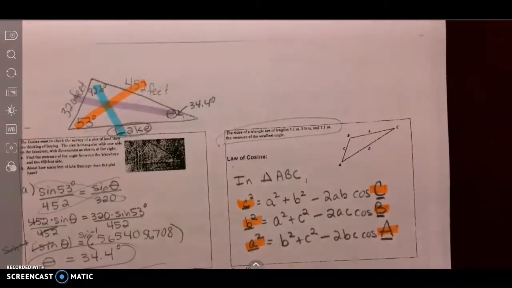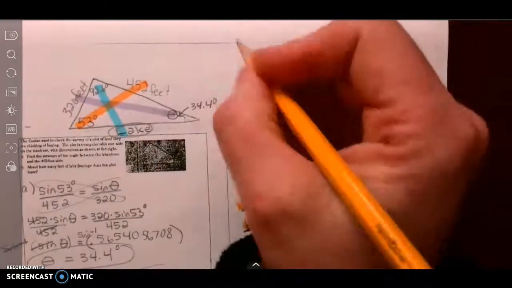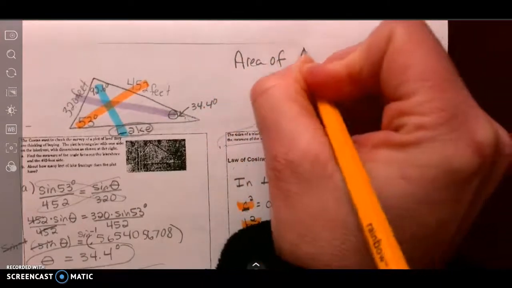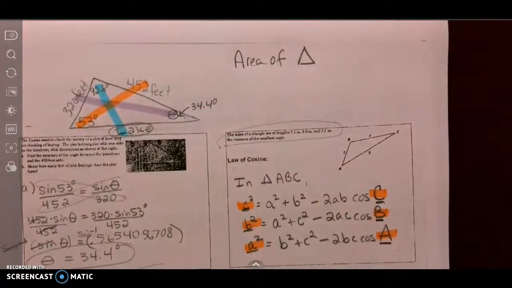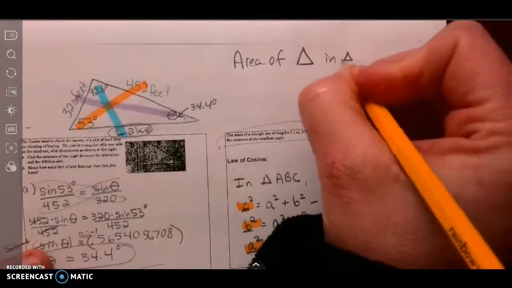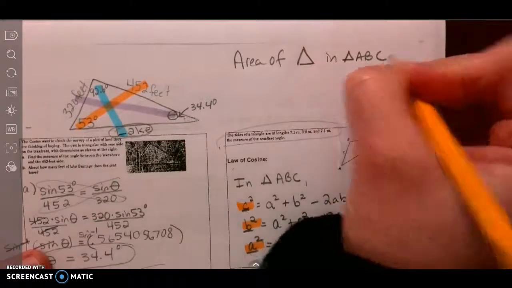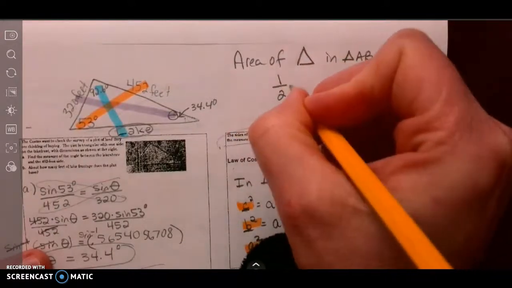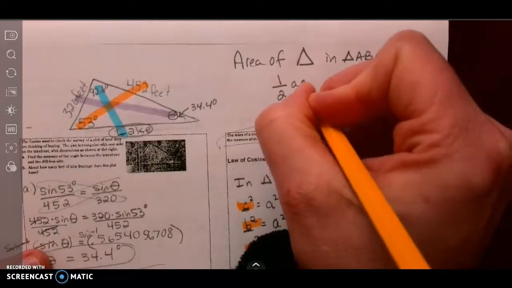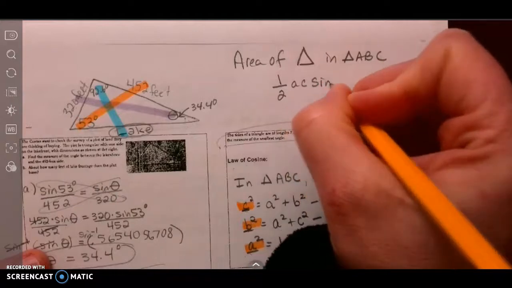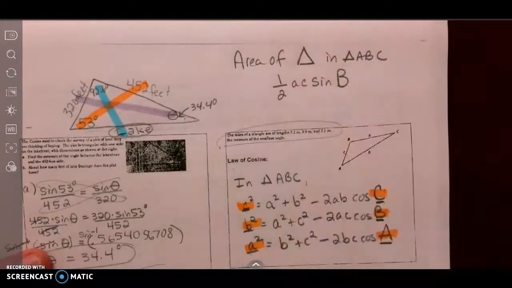So I'm going to give you, other than law of sines and law of cosines, another thing we're going to do is area of a triangle. And again, if we're in triangle ABC, the area is 1/2 little a, little c, sine of capital B.